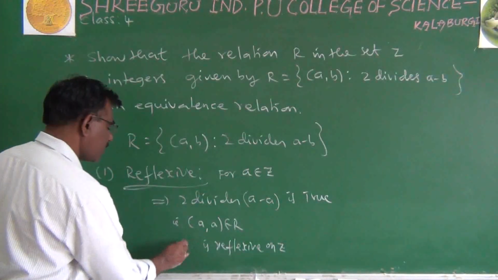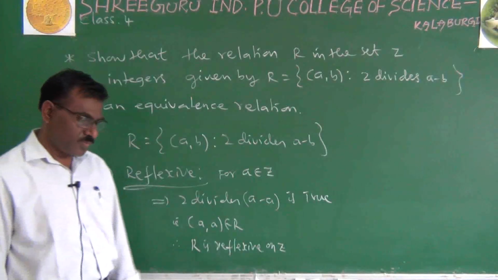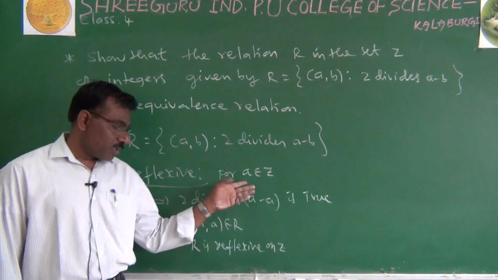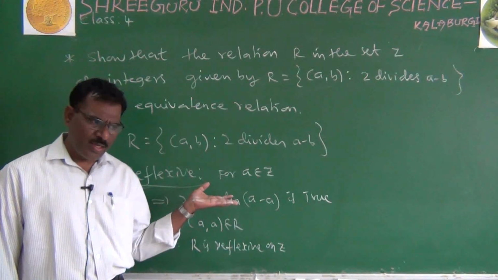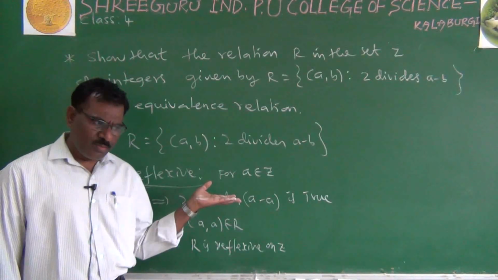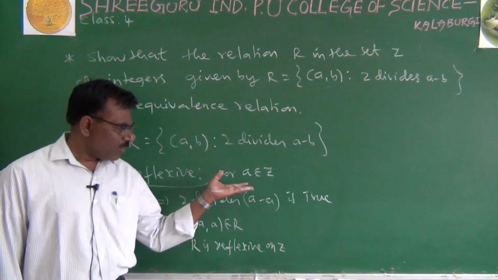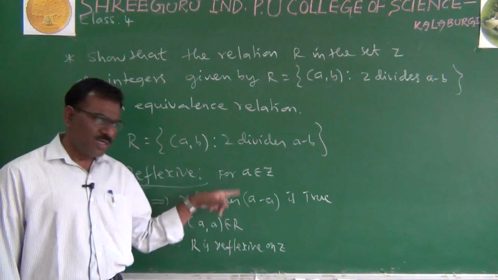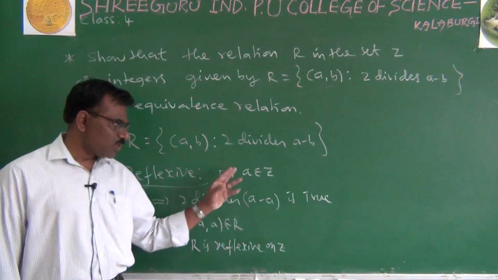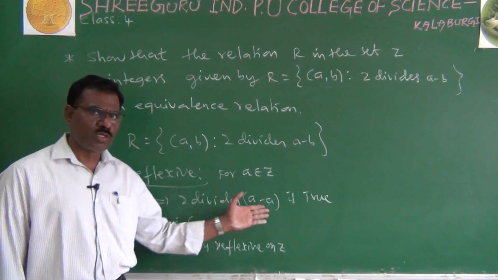So this is the reflexive property. Repeating once again, you can select any number, not only A. Even other elements are no problem, but generally you write A. You can take 1 minus 1, 2 minus 2, 3 minus 3.